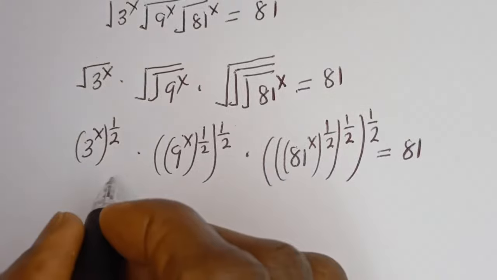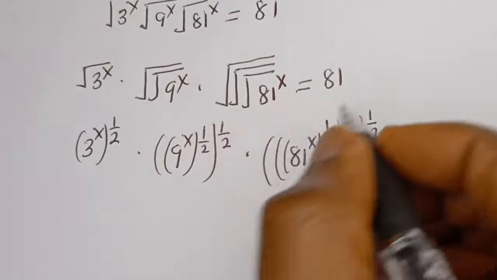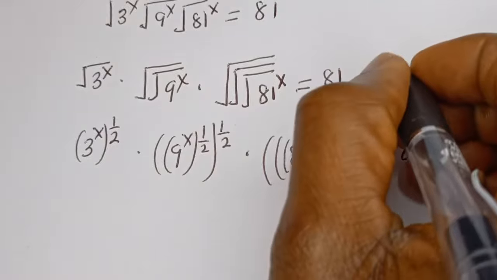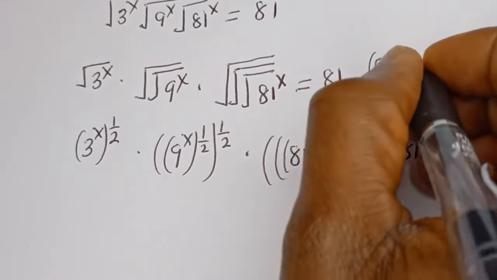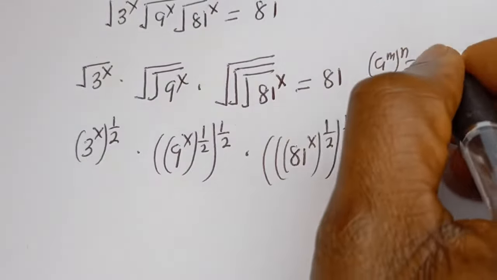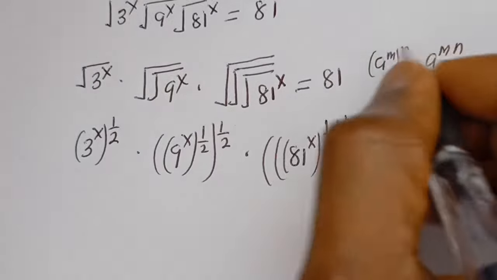Then take note of this, that if you have a to the power of m to the power of n, it is equal to a to the power of mn.